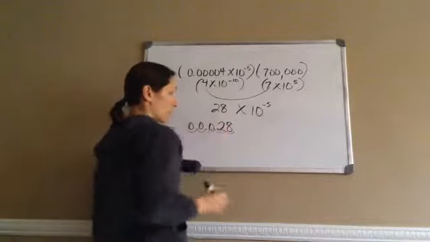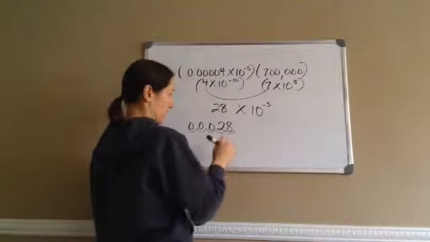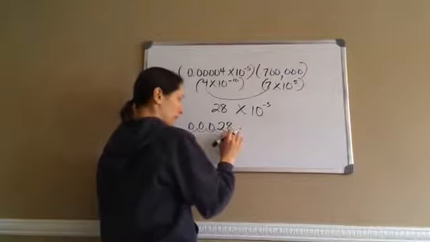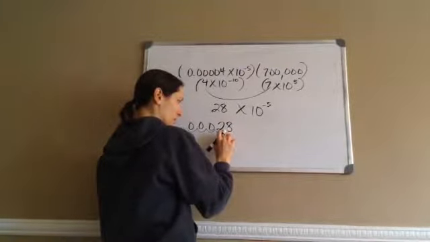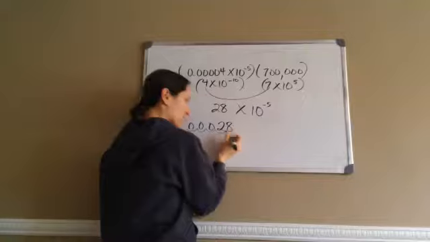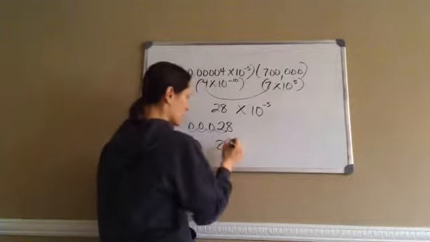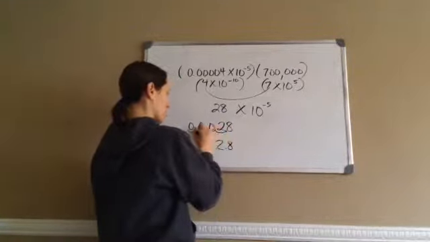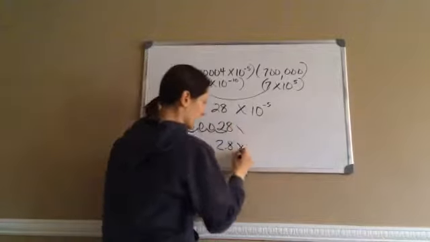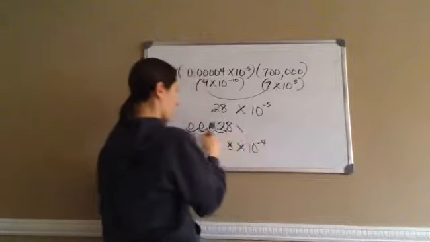Fill in with zeros. Okay, but where do I want it to be? I want it to be here, so guess what happens? Look. I want it to be here, 2.8, and it's only 1, 2, 3, 4. Okay, so times 10 to the negative fourth.